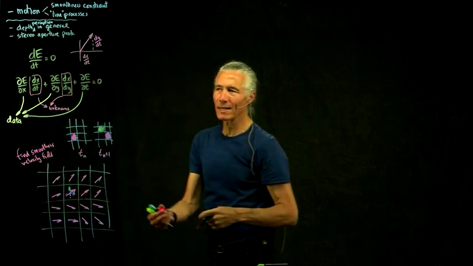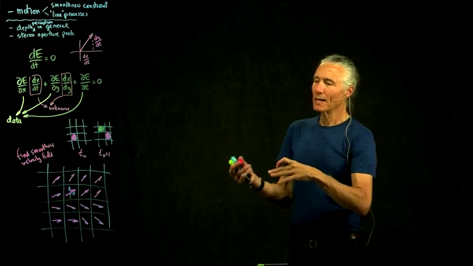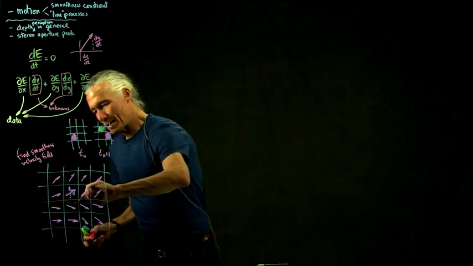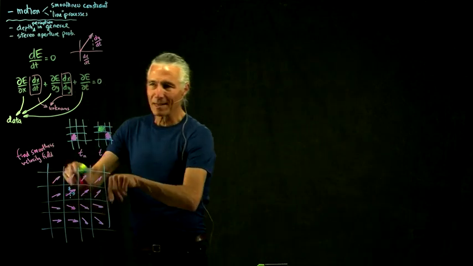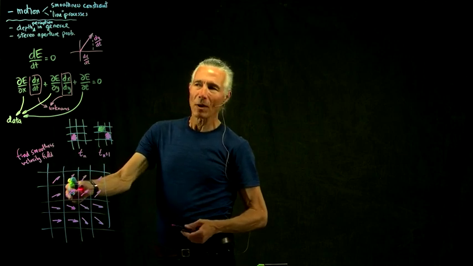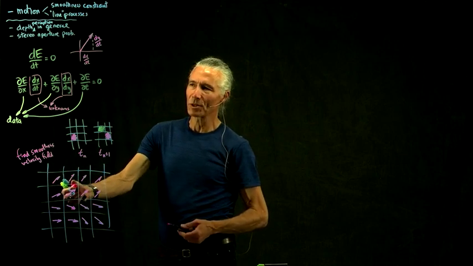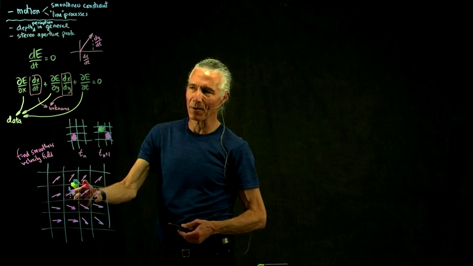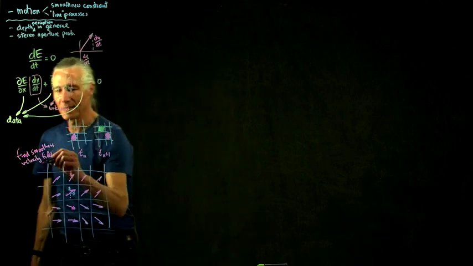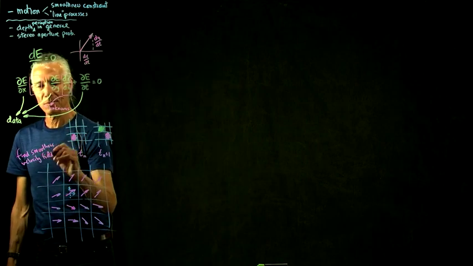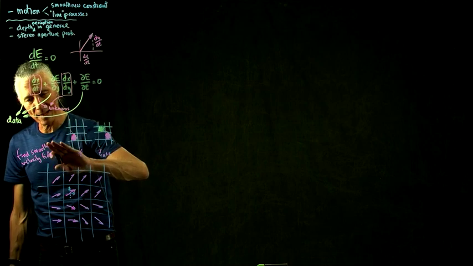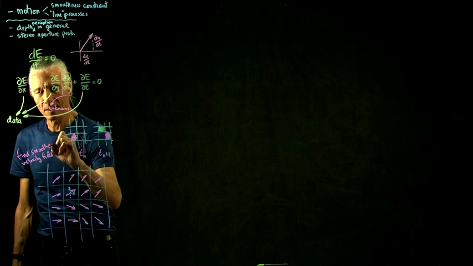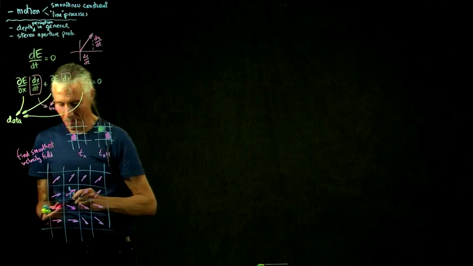But what we can say is if we look across space, we'll solve at the same time for all those and find out which solution is the smoothest across space, and that one is going to be a good one. So find the smoothest velocity field.